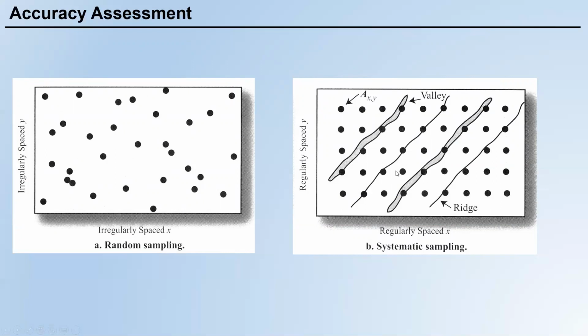Okay, and a disadvantage of systematic sampling is that because the distance between samples is fixed, sometimes some land cover type may not be sampled eventually. Here, this image is very convenient because you can see that this valley is well sampled by 4 dots.